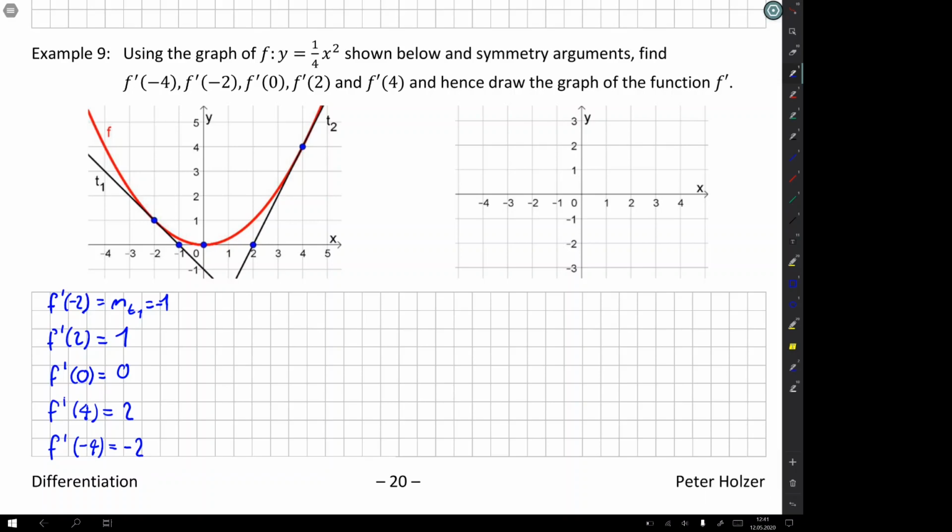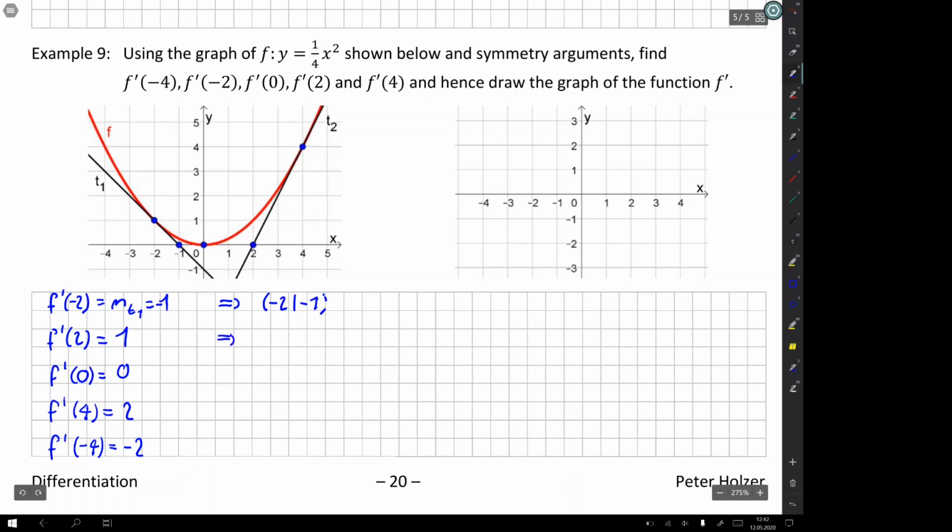So we found now these f dash values, these gradient values for the different x values here. And now we want to draw the graph of f dash, which means we have to find points that lie on the graph of f dash. So this yields 1 point, namely the argument is -2, and the function value of f dash here is -1.